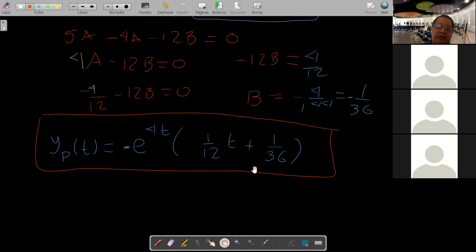In this case it was a first order polynomial, but it could be a second or third order polynomial, and you need to solve more equations in order to find the undetermined coefficients of the polynomial. So this can be used whenever you have an exponential times any order of the basic functions.